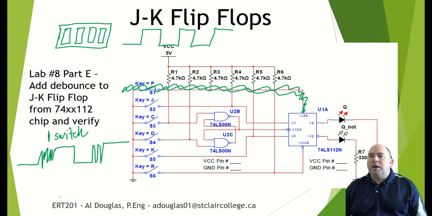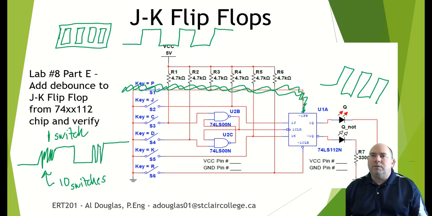But depending on the timing, this could be interpreted as 10 switches, just because it's kind of a chattery signal that's bouncing around as it makes contact. The problem is if you're toggling, you might switch on to off to on to off to on to off every time this happens. Okay? We don't want that to happen.